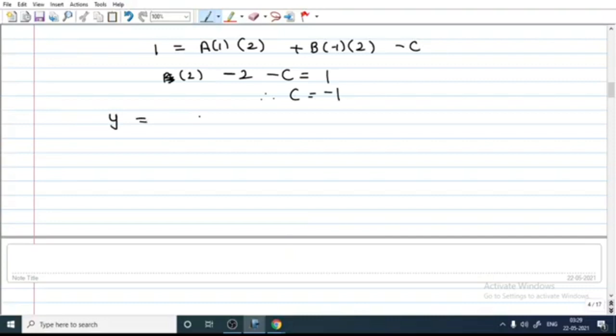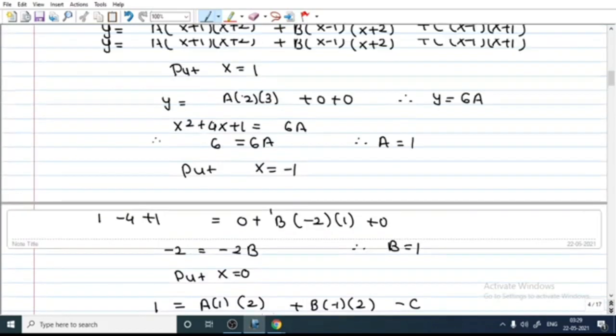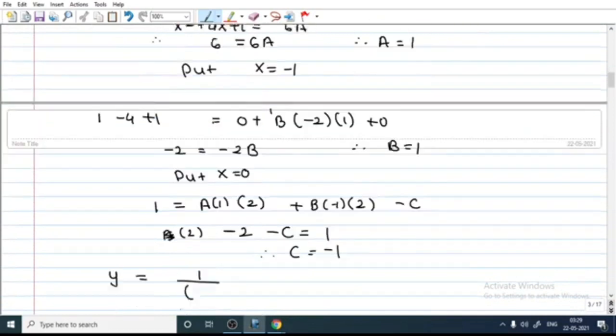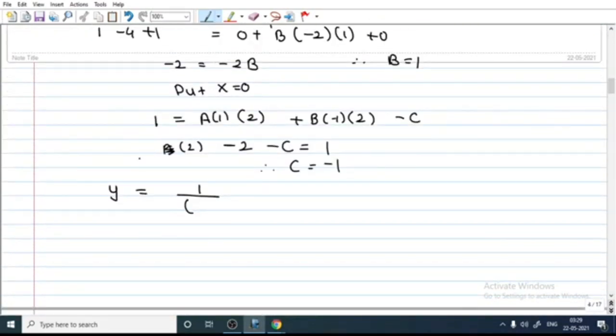So our y will be nothing but 1 upon, what was a? Just check it out. a was x minus 1. b was 1 upon x plus 1, and c was nothing but minus 1 upon x plus 2.